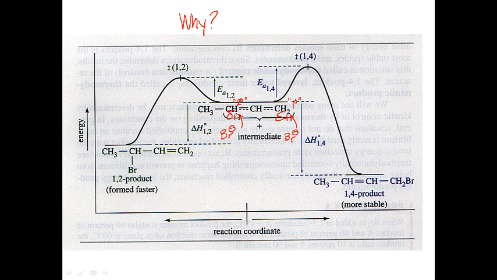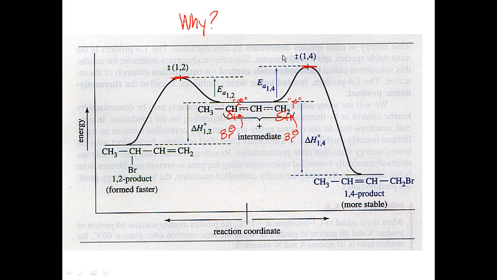When the bromine comes in and adds to a carbon with more delta plus charge, that has a lower transition state energy than if the Br minus adds to a carbon with less delta plus charge on it. So when we add to the secondary carbocation, we end up with a lower transition state energy than when we add to the primary quote unquote carbocation.